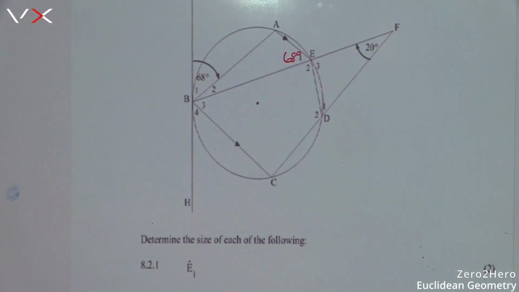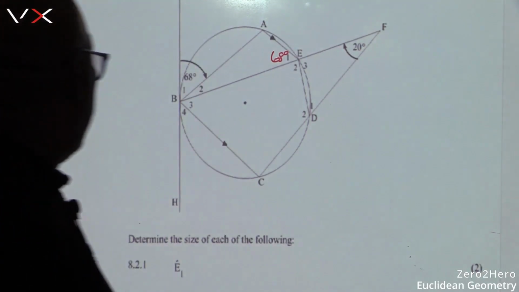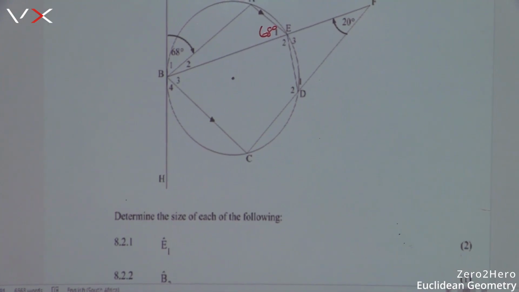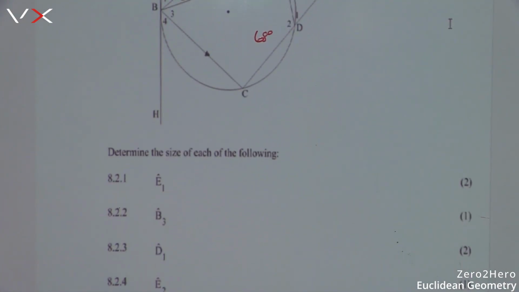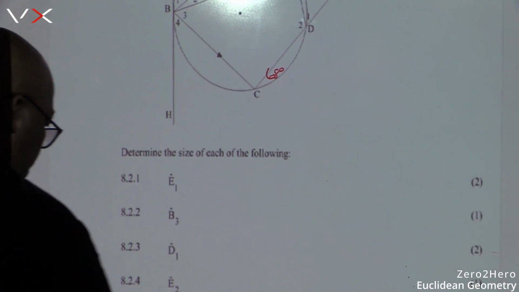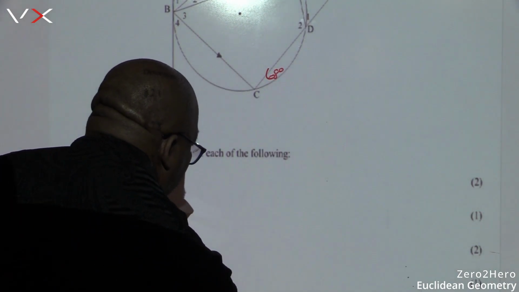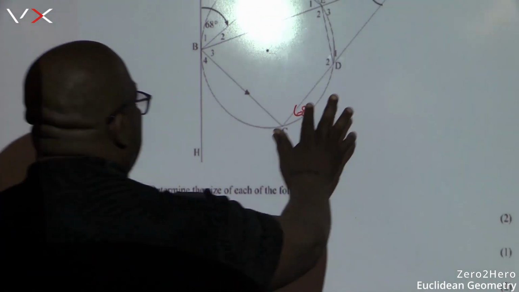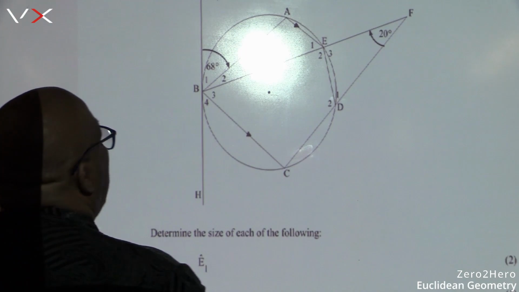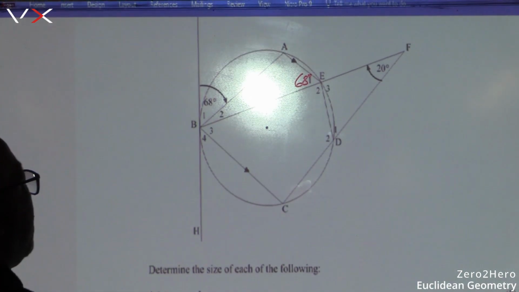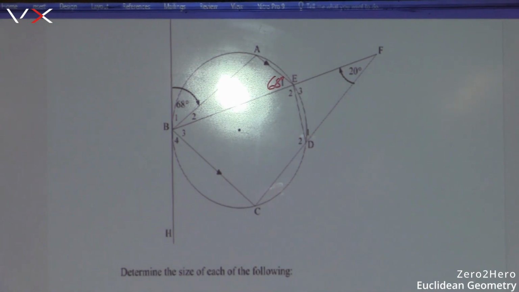The next question, I want us to find B2. Let's take it a bit up. Is that okay with you? Let's find B2. Where is B2? It's no longer here, it should be there, 68. This is 68 degrees. Find B3.